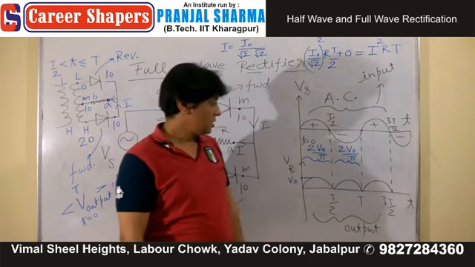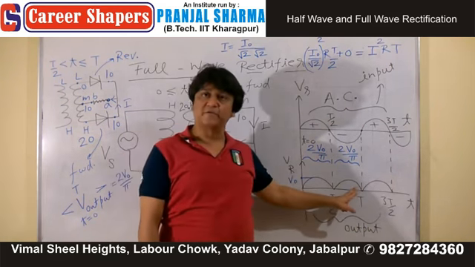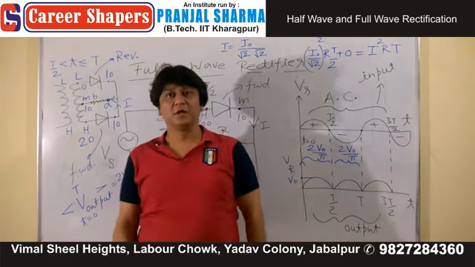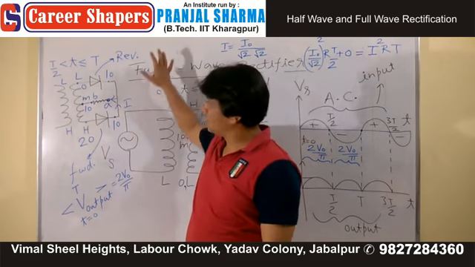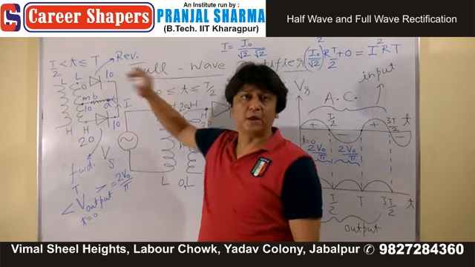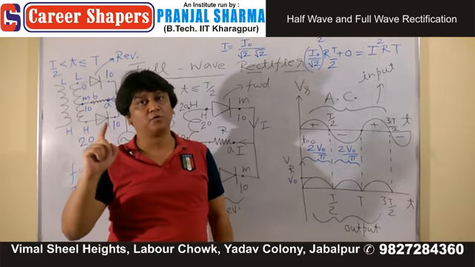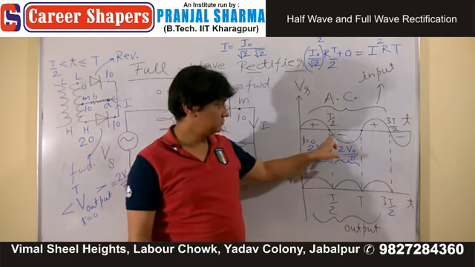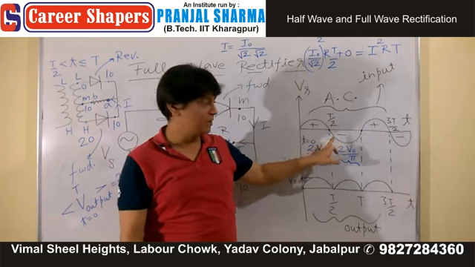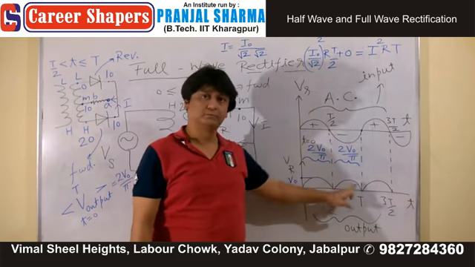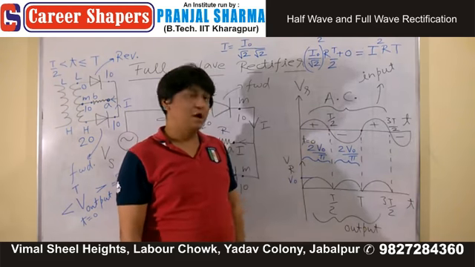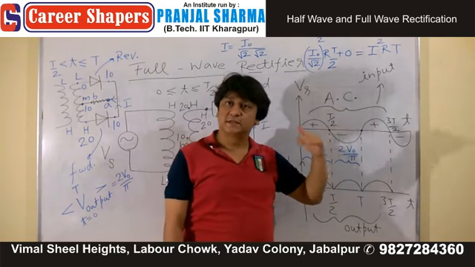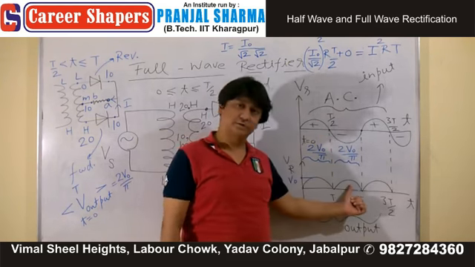Now, when I give you a fully rectified signal like this, and I ask you what is your output VRMS, then during the RMS calculation we go for square. Once you go for square of this, there is no difference between this and this. So whatever is the RMS of this is the same RMS for this.